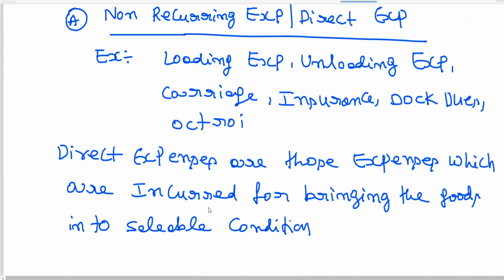That means for selling the goods or for dispatching the goods, till you dispatch the goods, these all are direct expenses. They can be incurred by the consignor or consignee. Loading expenses: you need to load the goods for sending the goods.